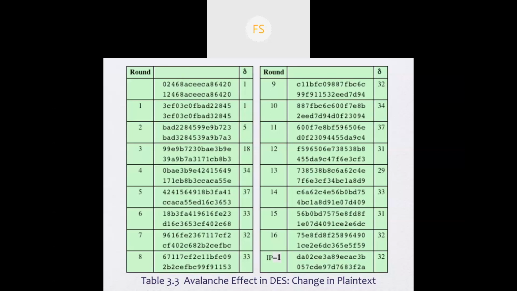We have two examples here, first block and second block. The difference is only one bit between the plain texts. But as you can see, with the avalanche effect, they want to see how many bits differ after performing the first round, second round, third round, until the final round.